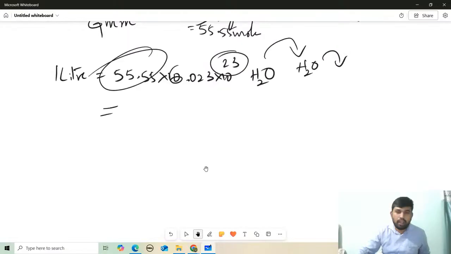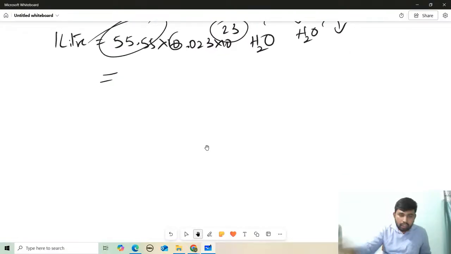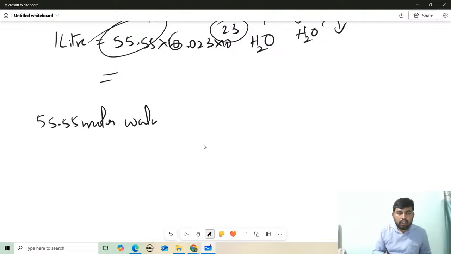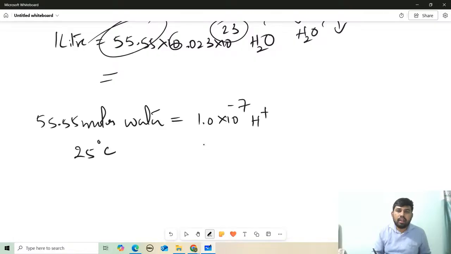Now see, these 55.55 moles of water at 25 degrees Celsius contain 1.0 into 10 to the power of minus 7 H plus ions, and contain 1.0 into 10 to the power of minus 7 OH minus ions.